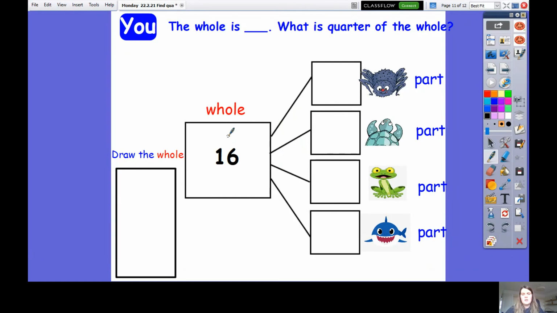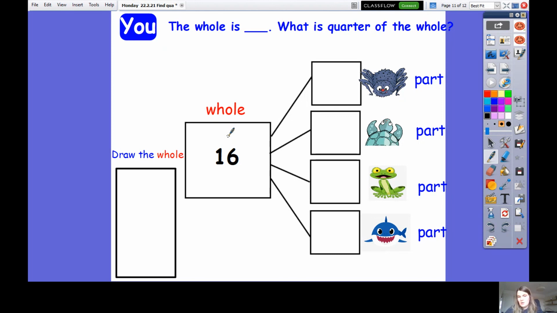Because what you're going to do is you're going to try and find quarter of this whole. So the first thing you need to do is work out what the whole is. You have to draw the whole. Then you have to share it between the 4 parts equally and find out how many there are all together.